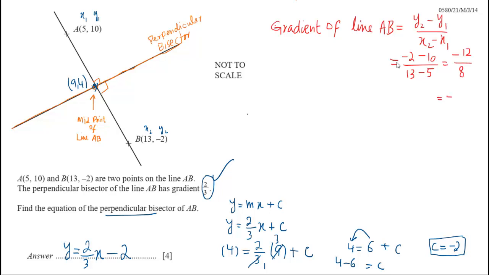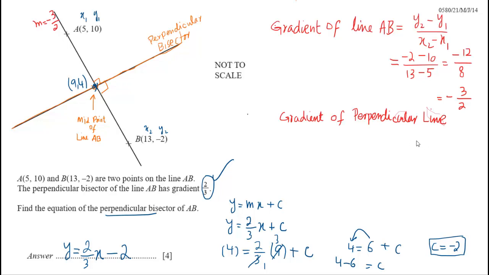After simplification using the calculator, it is minus 3 over 2. So the gradient of this line is minus 3 over 2. Now the gradient of the perpendicular line, which makes a 90-degree angle, that is the orange line.